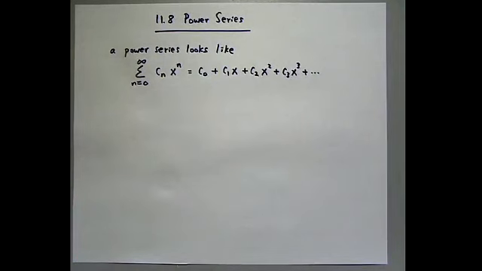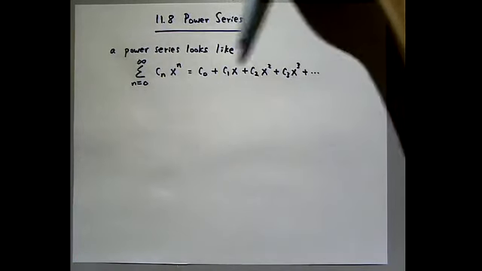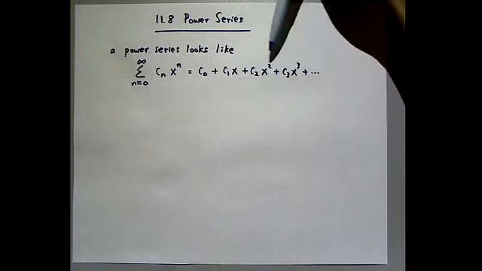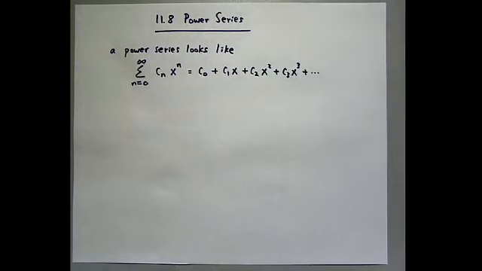Okay, so we got this series here that has a bunch of coefficients and also a bunch of x's. Now, anytime you write out a series, you have to make sure that this thing converges. If a series doesn't converge, then there's no point in dealing with that in any way.